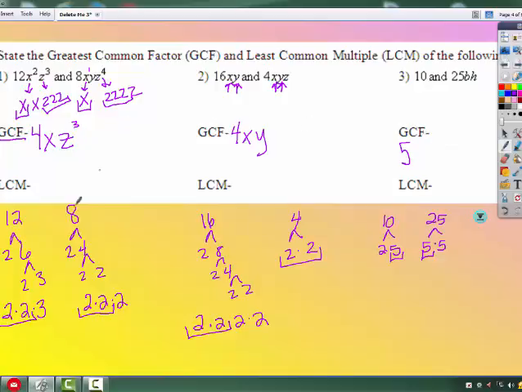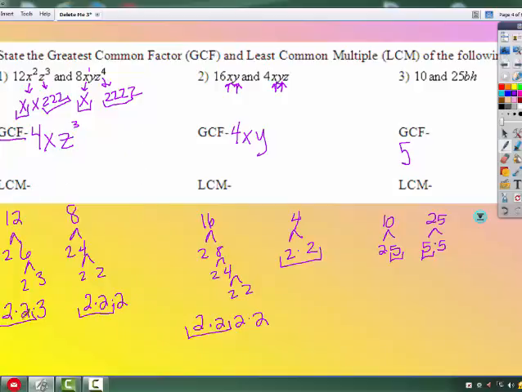Now let's go back and talk LCM. LCM isn't as important in this chapter, but it's still something that you should know. Least common multiple normally means it's getting higher. GCF is typically lower. Least common multiple is typically higher because it's a multiple.